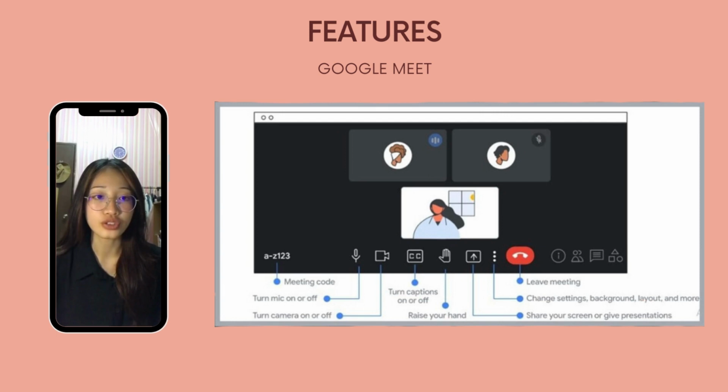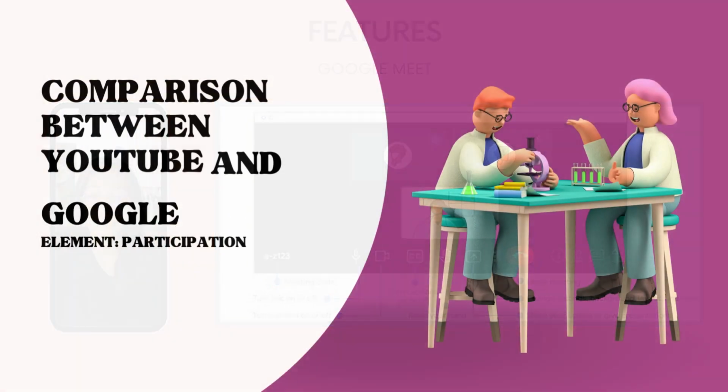Then the three dots here are for change settings, background, layout, and so on. And then the red icon here is to leave the meeting. So these are the basic features of Google Meet.